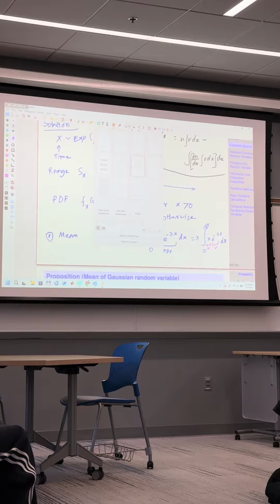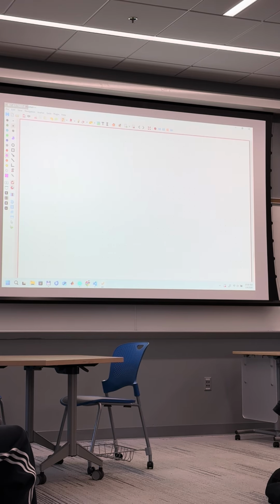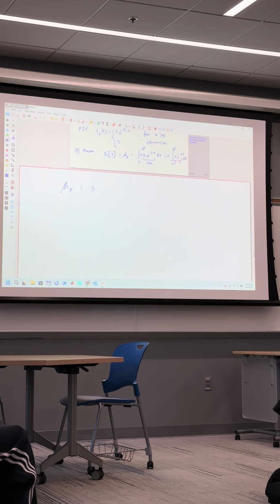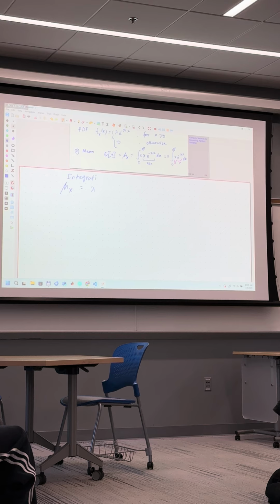I'm going to directly make use of the UV formula, so your mean mu sub x is going to be lambda. In case some of you are writing, this is integration by parts, so that you know what I'm doing.